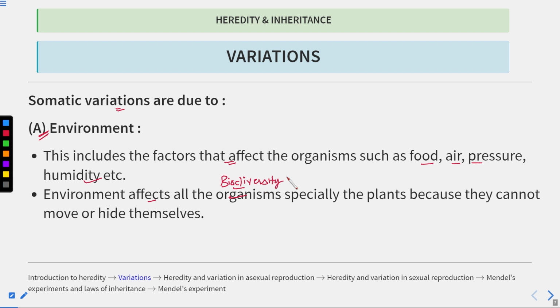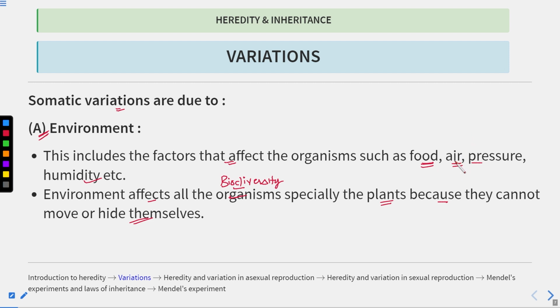Especially the plants. Plants are not able to move, they are stationary, so they are quite heavily affected by environmental factors because they cannot move or hide themselves. Plants have to tolerate these stresses and deal with environmental factors such as the availability of food, and the quality of the air.